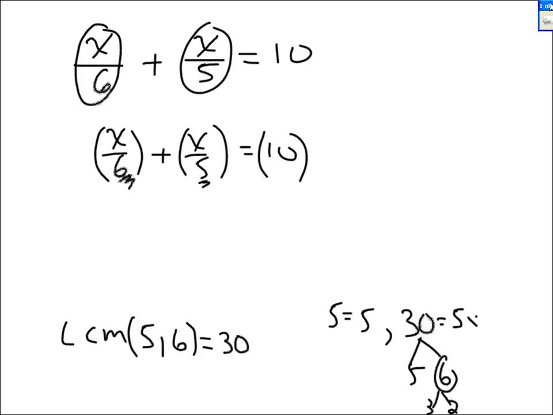So it's 5 times 3 times 2. The different bases I see are 5, 3, and 2.